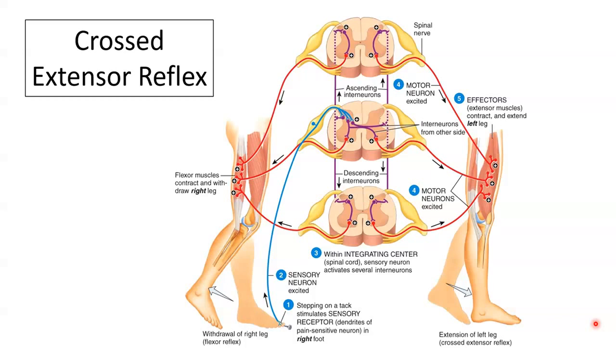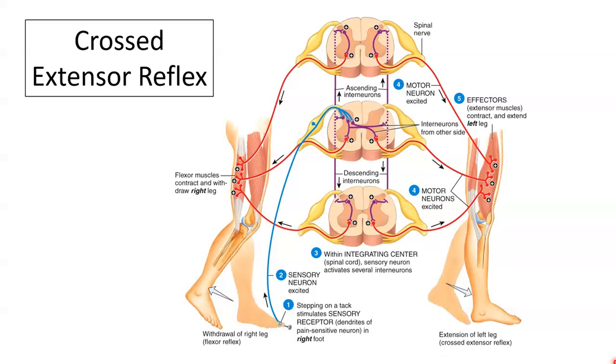In response to this painful or damaging stimuli, you immediately withdraw that leg and foot. But to ensure that you don't fall over, your other leg must extend. So you lift this leg off the ground, but so that you don't fall over, this leg now has to extend so you can balance on that foot.